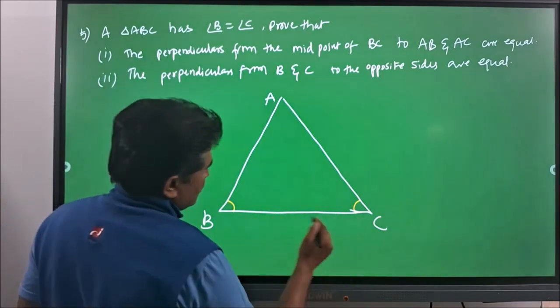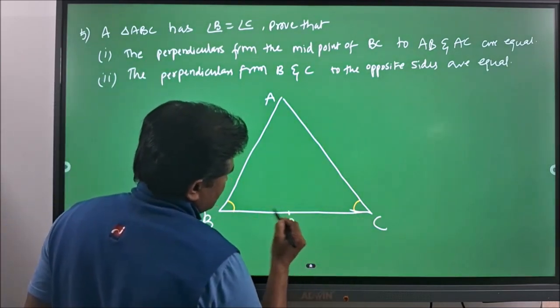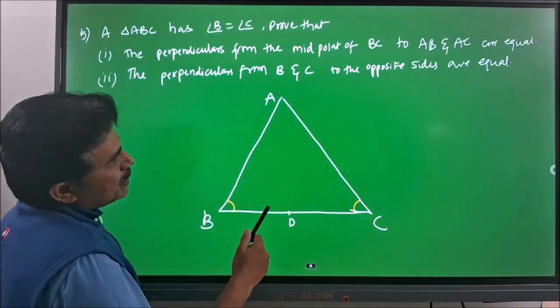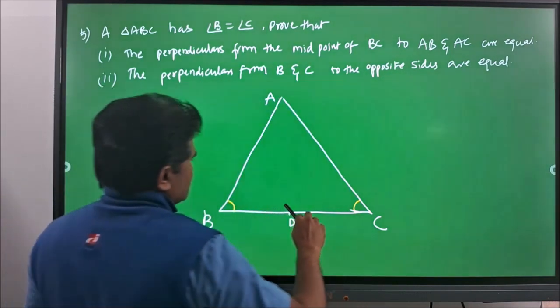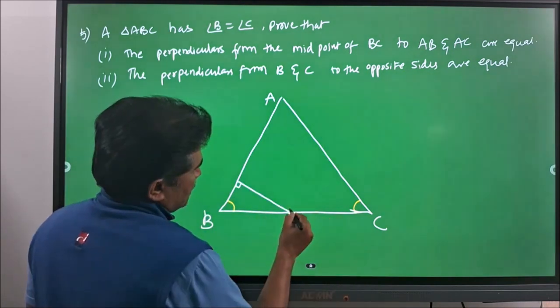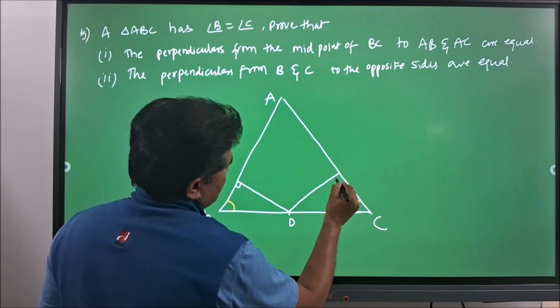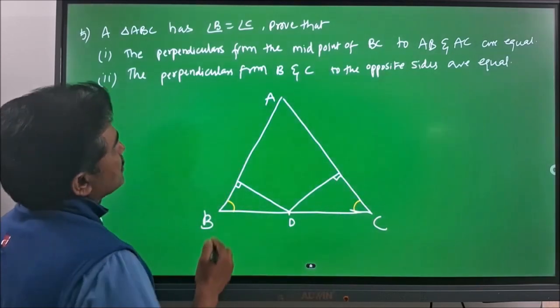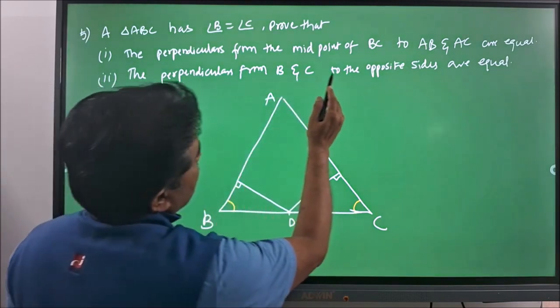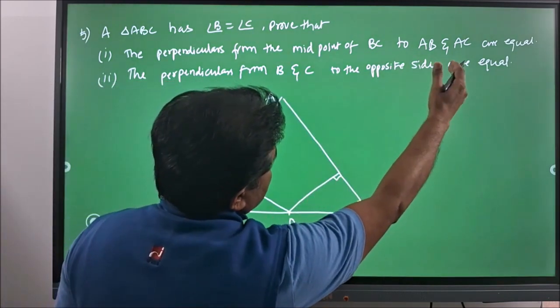So assume that the midpoint of BC is D here, and perpendiculars from the midpoint of BC to AB and AC. So here I am drawing a perpendicular, and here also I am drawing a perpendicular to AC. So we need to show that the perpendiculars from the midpoint of BC to AB and AC are equal.